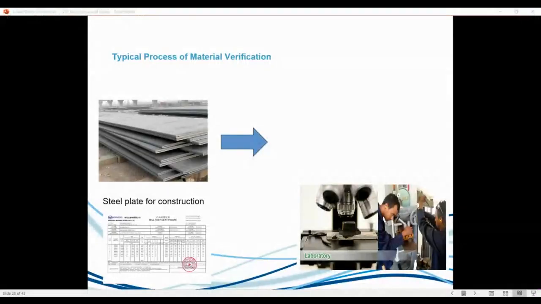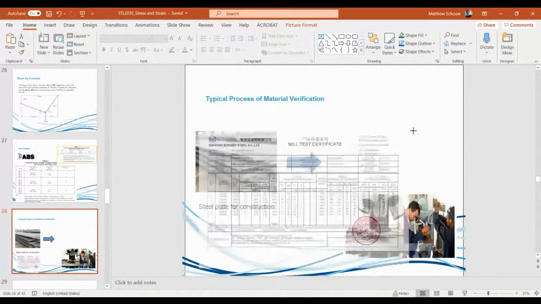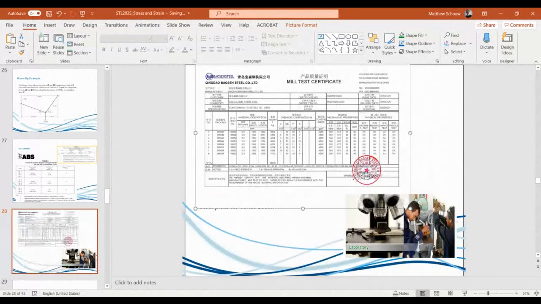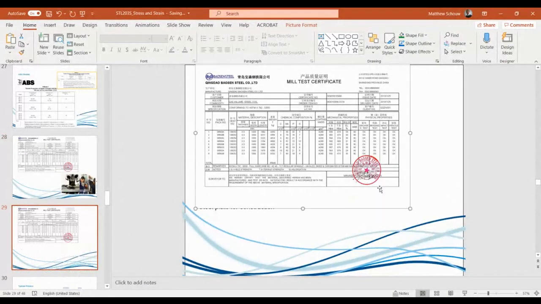Now you get a material certificate. Now I'm going to show you a practical material certificate. Sorry about this, I have to zoom this up. It looks something like that. I'm just going to create my slide here so I can have it on its own.